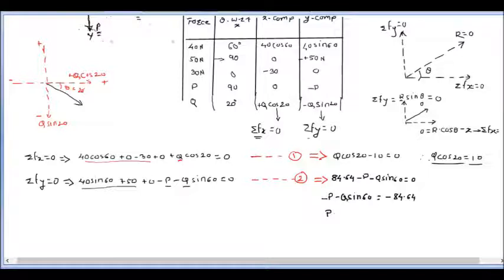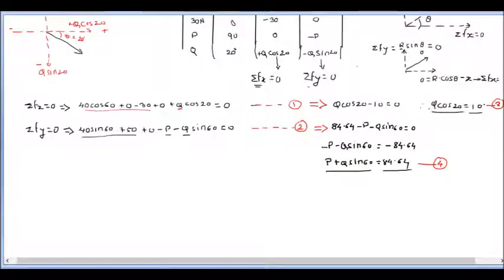That is, p plus q sine of 60 will be equal to 84.64. So this is the other equation we got. Okay, now from equation 3 and 4, and this is equation number 4.